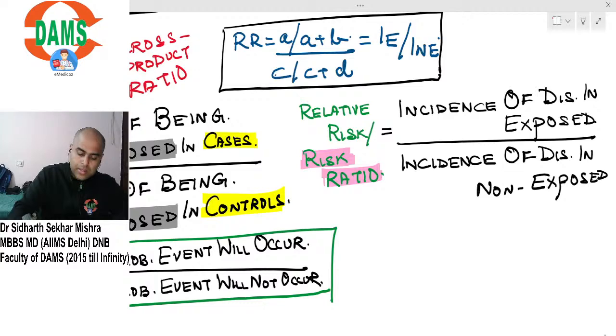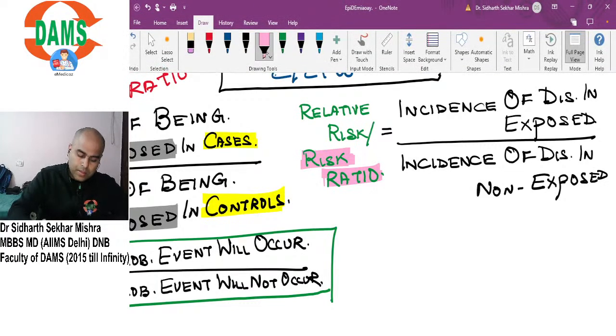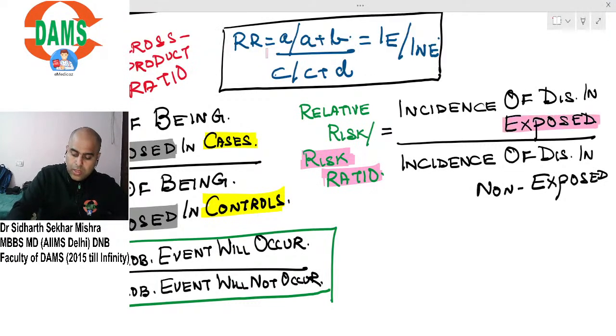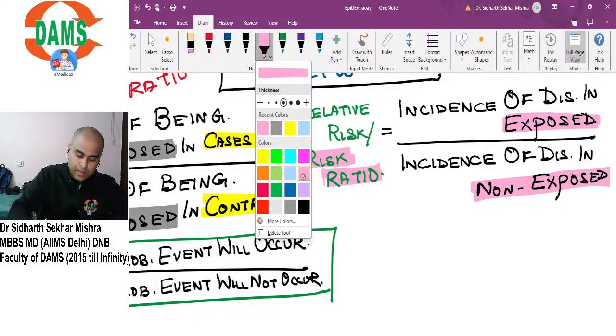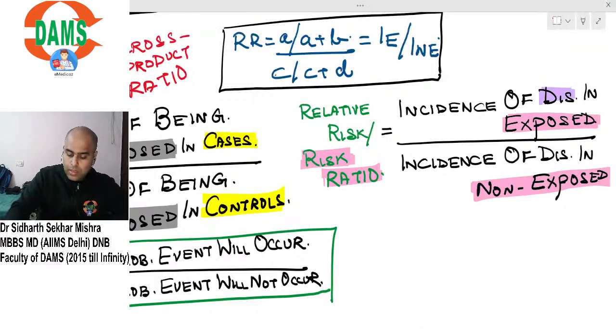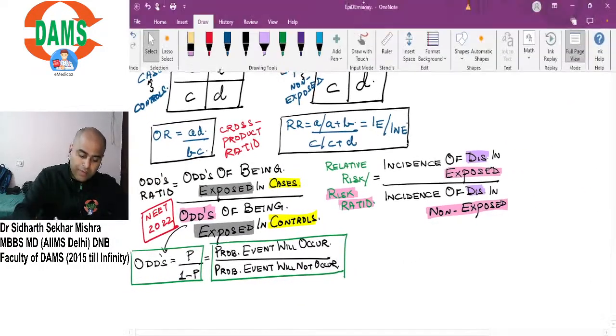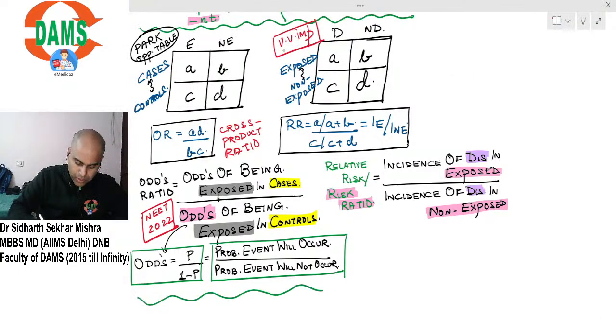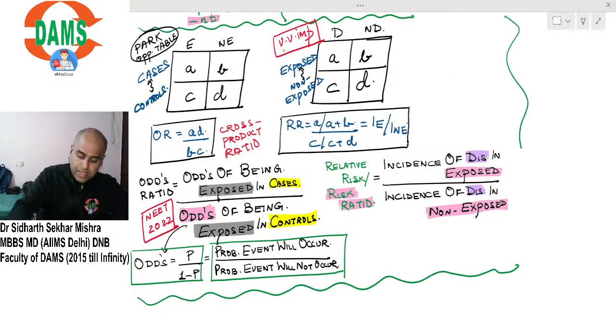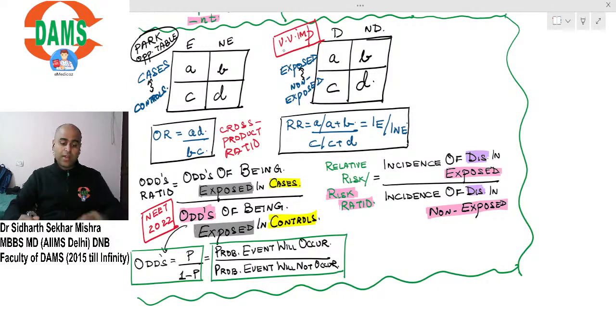So again it is exposed by non-exposed. But please see, guys, here also it should be diseased, here also it should be diseased. If you read Park or attend any other classes, you would never understand these tricky things, and that's the reason the examiner catches hold of our neck.